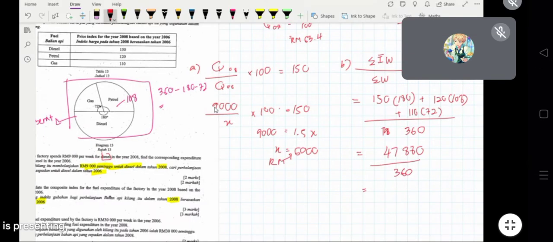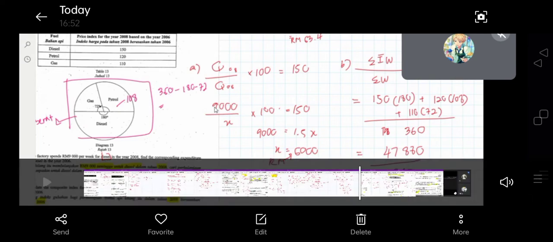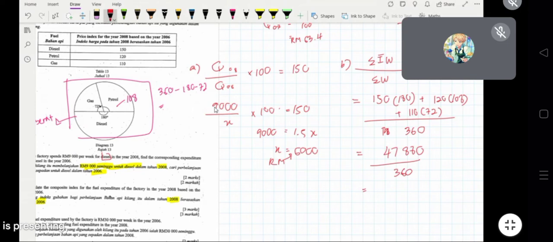We take 150 multiplied by 180, which is your angle, plus 120 multiplied by 108, plus 110 multiplied by 72. You can see from the table and the pie chart. Divide by 360, because 180 plus 72 plus 108 is the angle of your whole circle. Okay, so you do your normal algebra as usual.